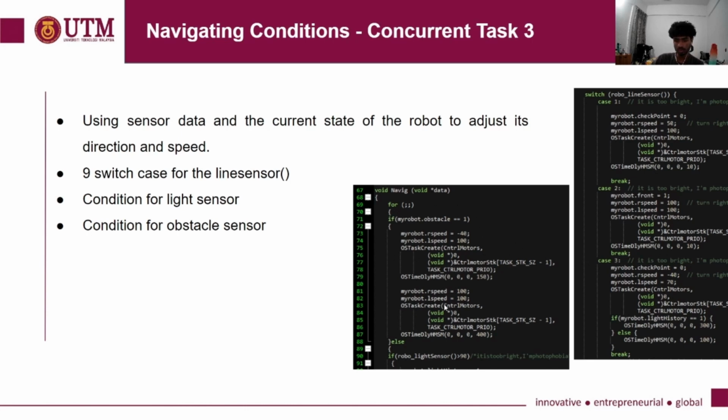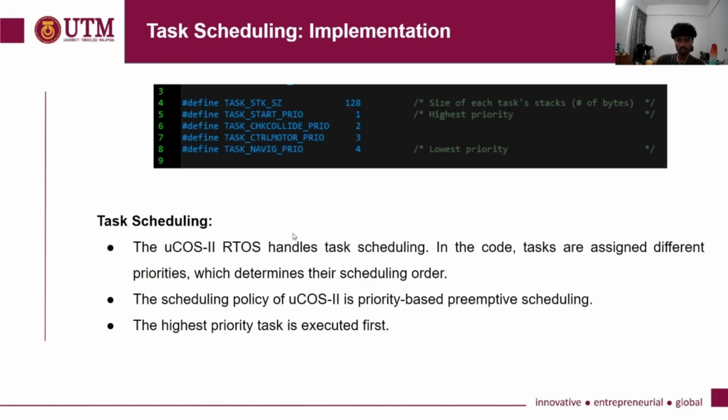We have the light sensor condition, the obstacle condition, and the line sensor condition. These 3 sensors run based on the conditions given. We have 9 switch cases for the line sensors.